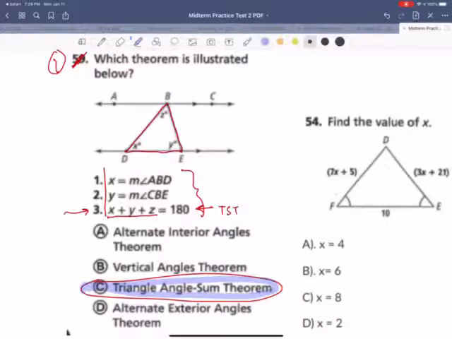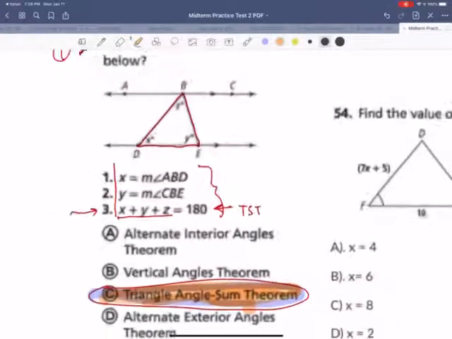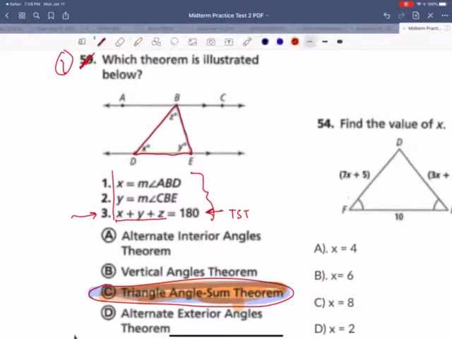But could they ask you a slightly different question, like how do you prove it? And that answer is yes. So this would be how you prove it. Let's go each step one by one. What's the measure of angle AB? X is equal to that, right? That's given by the picture. So remember, given statements come from the picture.